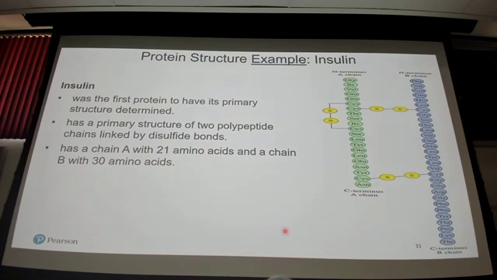In insulin, there are two polypeptide sequences held together by, what type of bond is this? Disulfide bonds, from two sulfide groups. We see three different disulfide bonds with insulin. So this is a polypeptide with two chains, an A chain and a B chain. This is just one example.